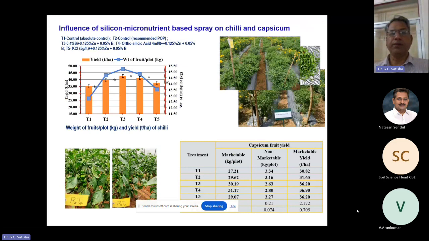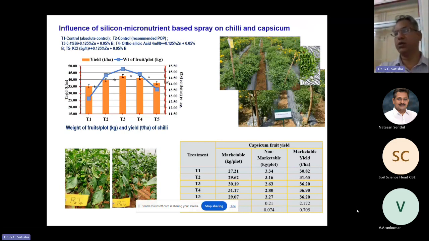We also compared with potassium chloride, which is also very significant with regard to disease incidence and other things.